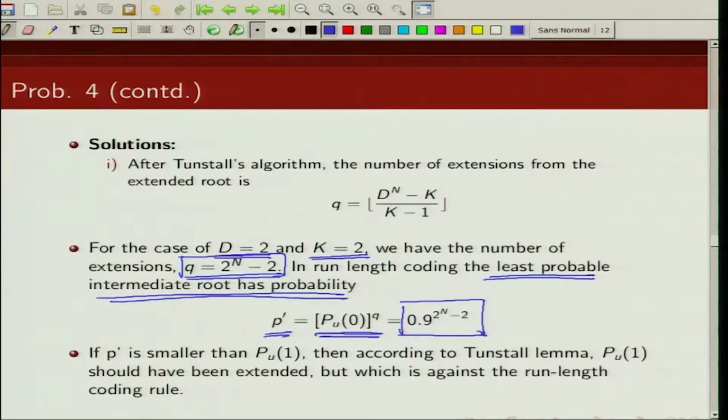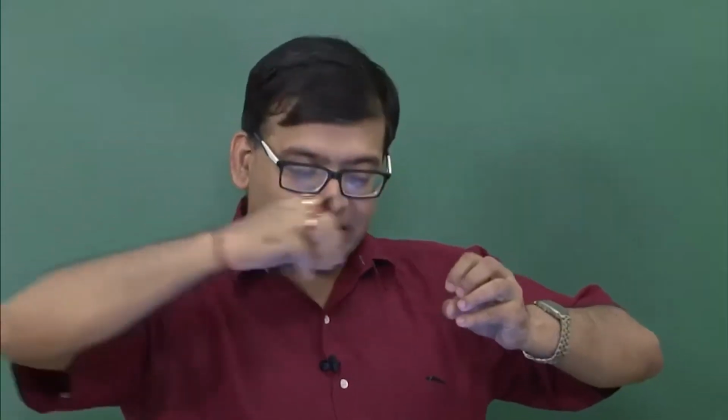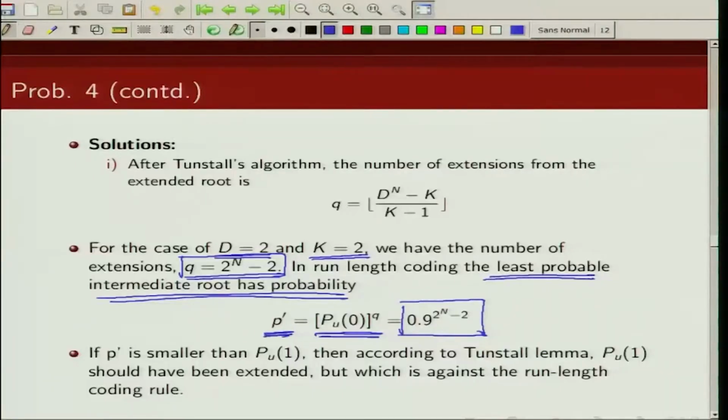Now, for it to be run-length coding, every time we are extending, we are having runs of n zeros. So if this probability p dash is smaller than P of u equal to 1, then according to Tunstall's lemma we should have extended P of u equal to 1.